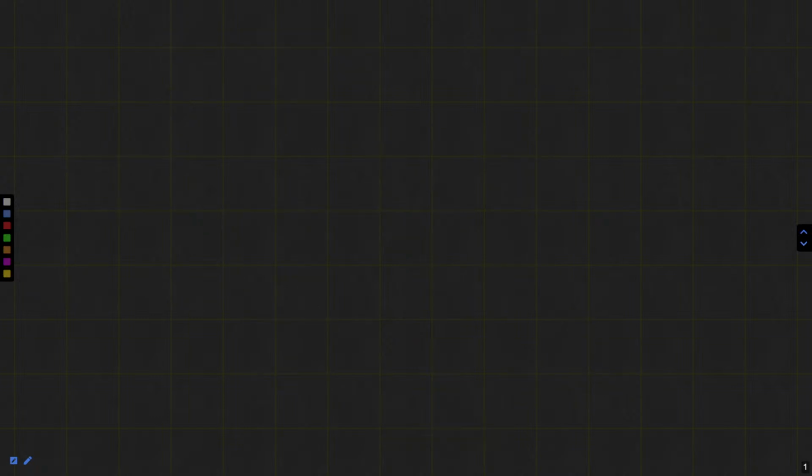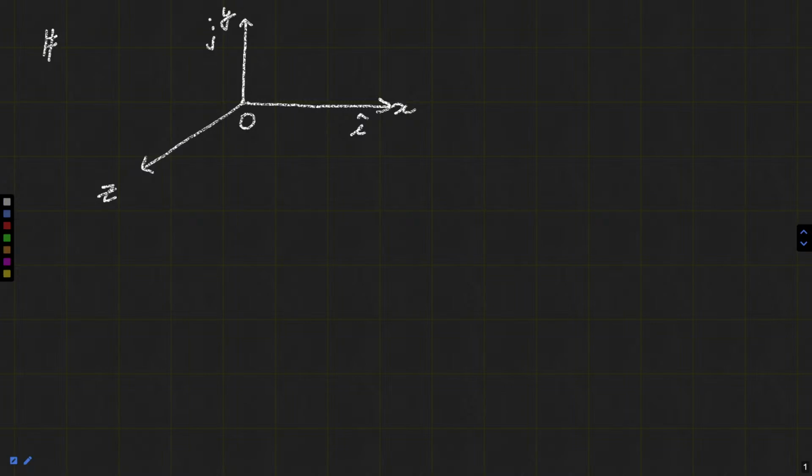If you have any doubt, please ask. So this is x. Suppose we have coordinates like this: x axis, this is y axis and z axis, and this is origin O. So the unit vectors are i cap along the x axis, j cap along the y axis, and k cap along the z axis.